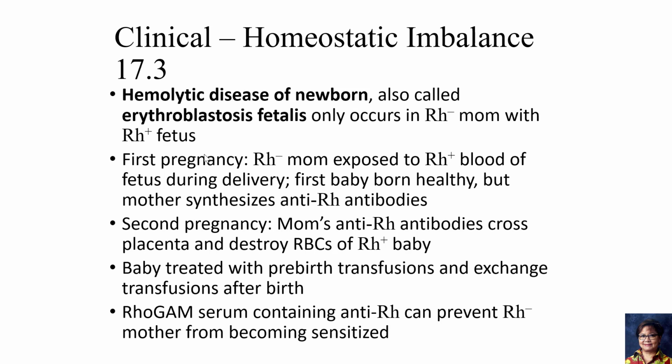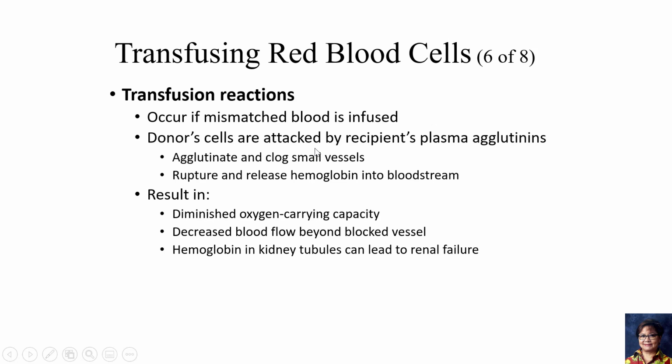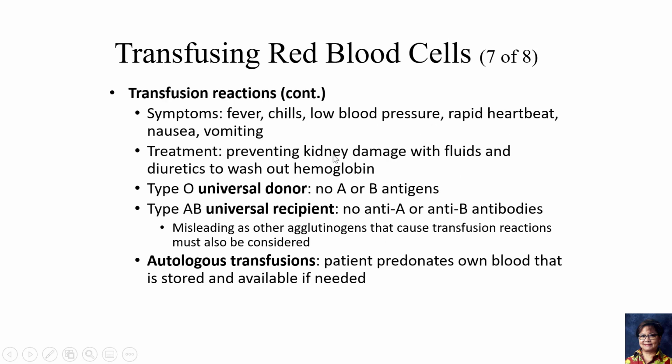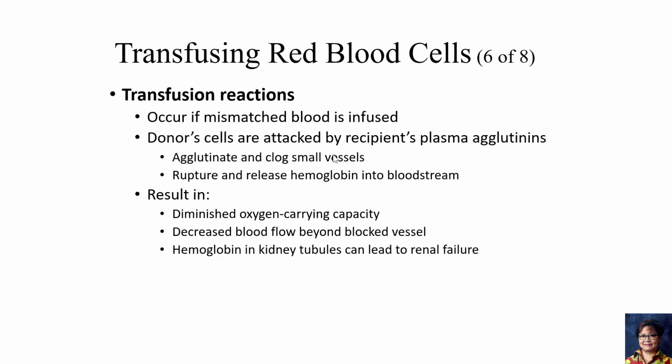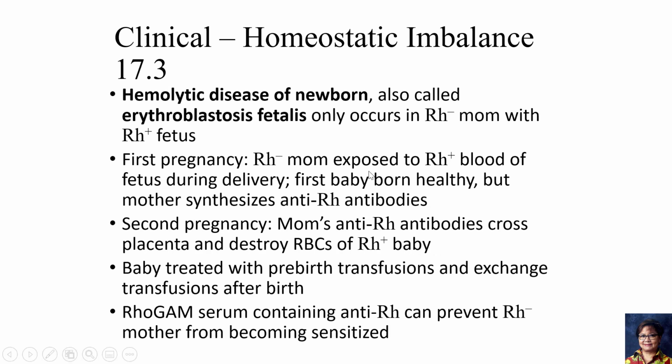So let's take a look at a homeostatic imbalance, which is called the hemolytic disease of the newborn, or erythroblastosis fetalis. This happens only when there is a mother who is Rh negative and is pregnant with a fetus that is Rh positive.